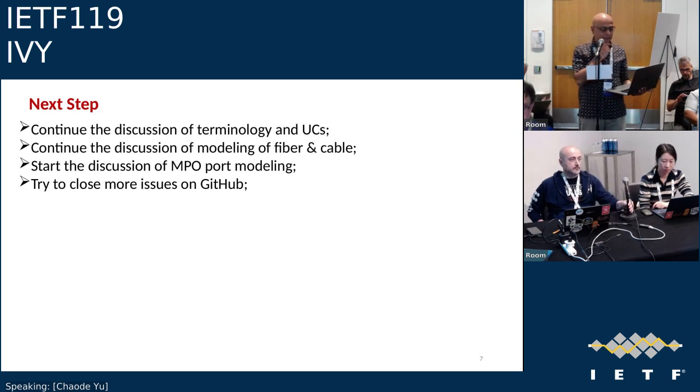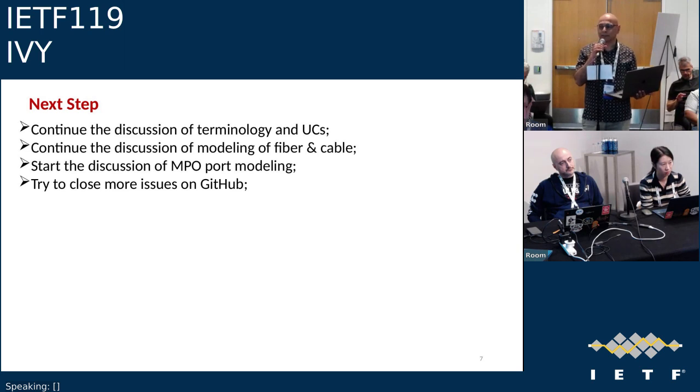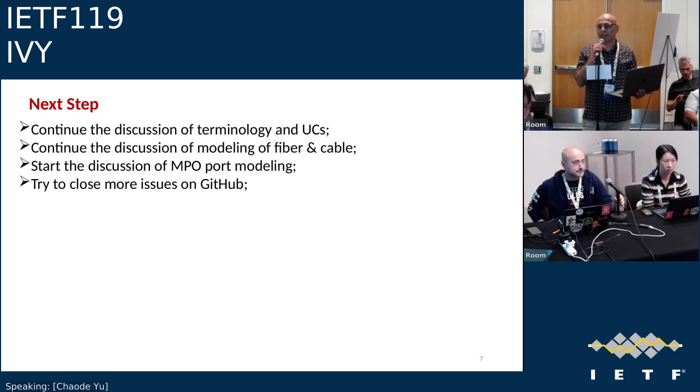Sorry, what do you mean by network-wide inventory? I think the current data model is a network-wide inventory data model. Okay, so there is probably some text in the draft that might need some clarification. It talks about a single management system-wide inventory.